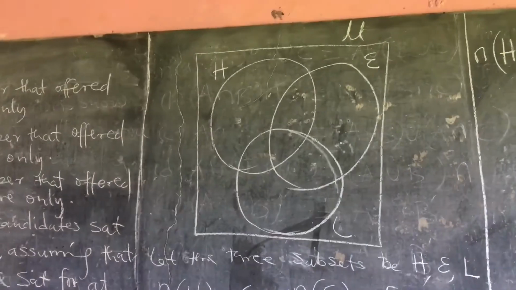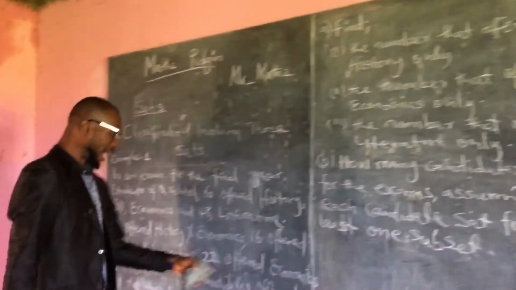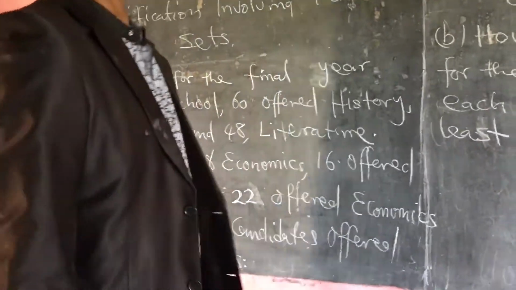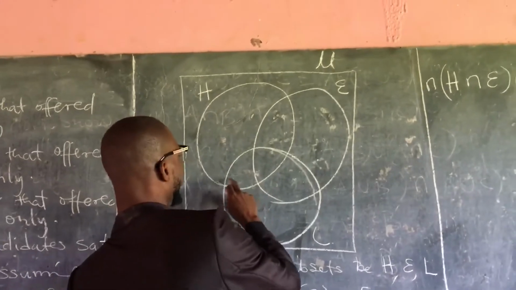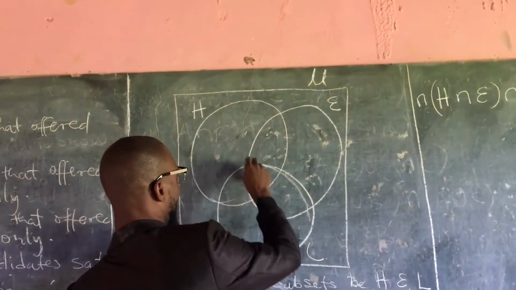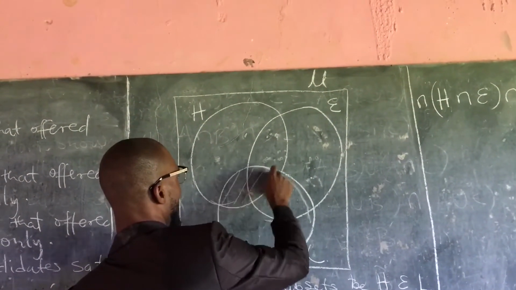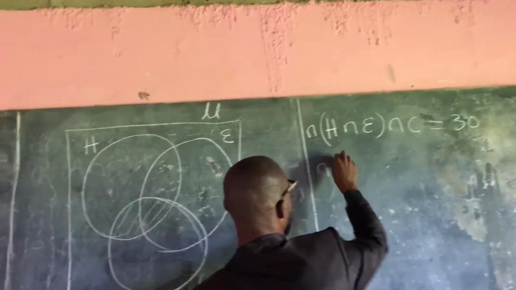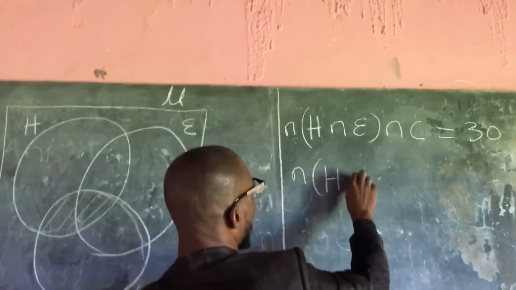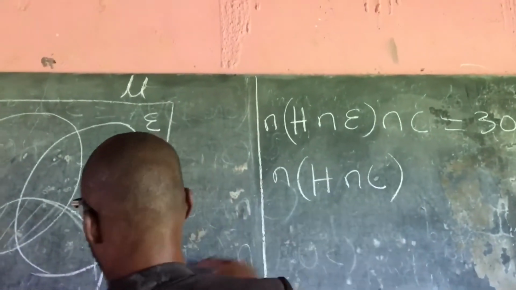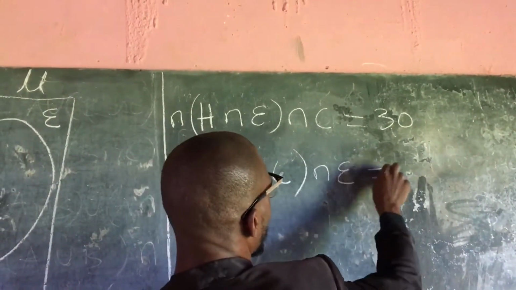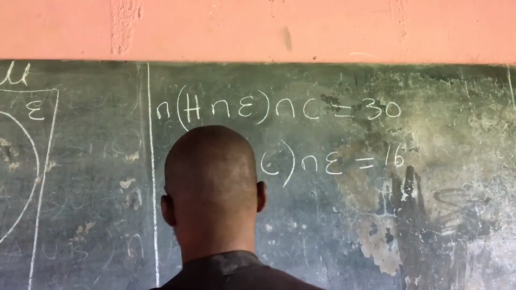And then let's continue. After that, they still tell us that 16 offered history and literature. So history and literature means everything here, and it still intersects economics. So we have 16.